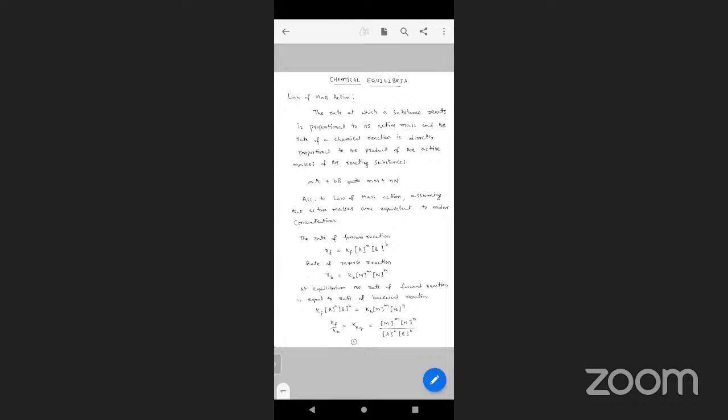Whenever there is a reversible reaction, after some time there exists an equilibrium, which means the rate of forward reaction becomes equal to the rate of backward reaction. For this reversible reaction at equilibrium, we apply the law of mass action.